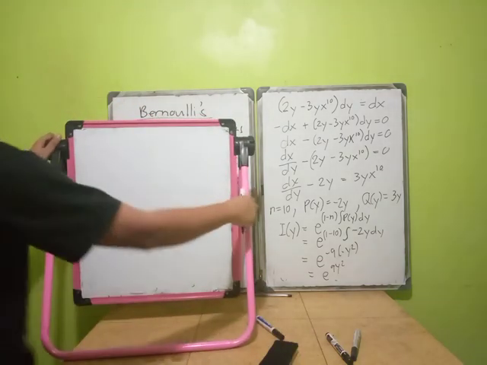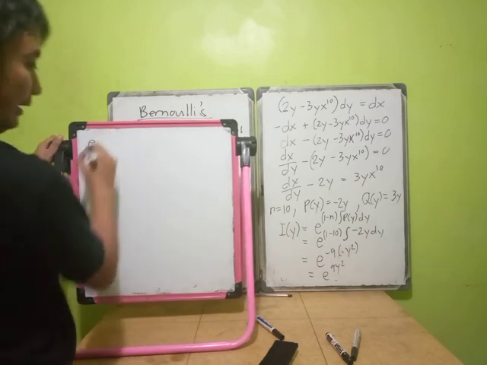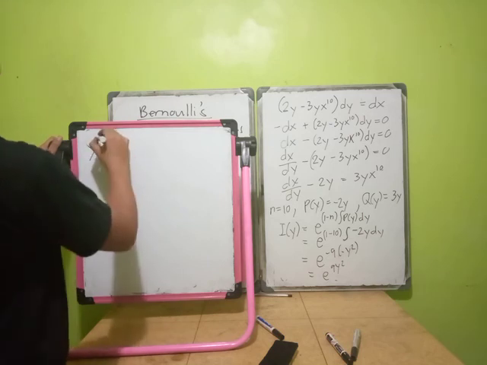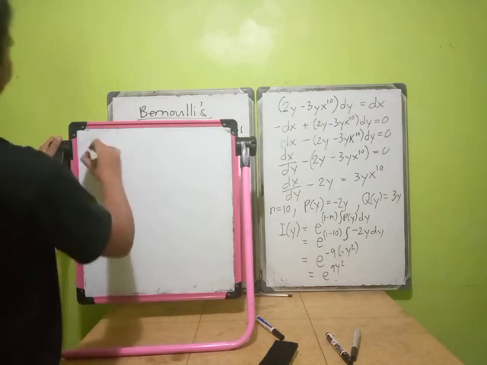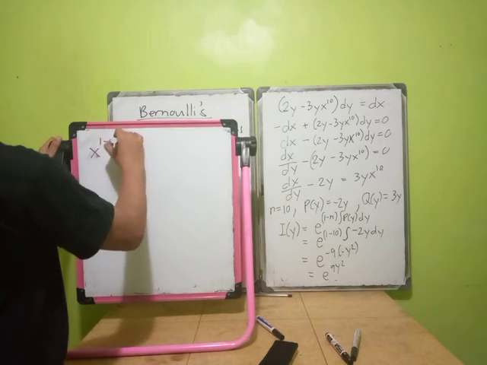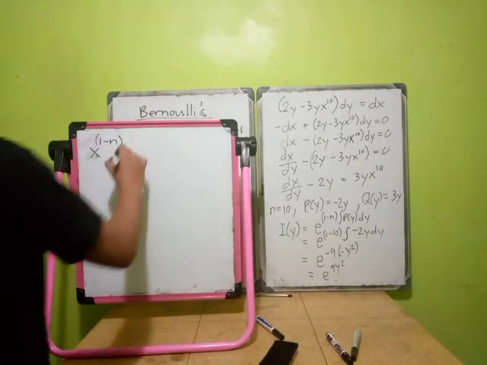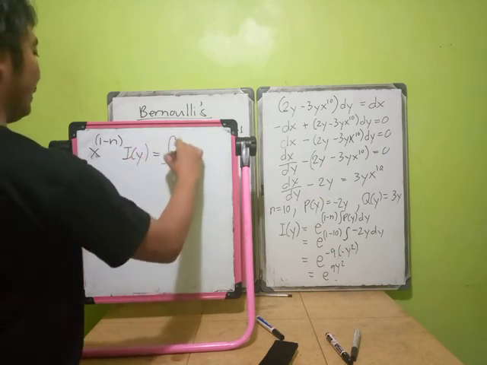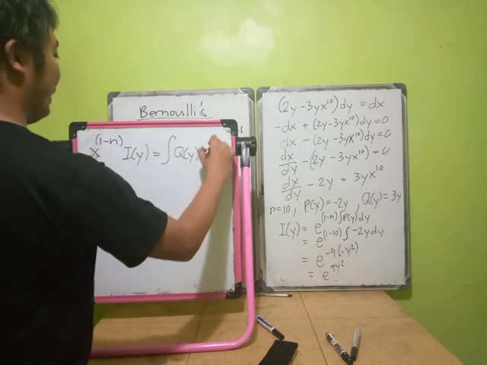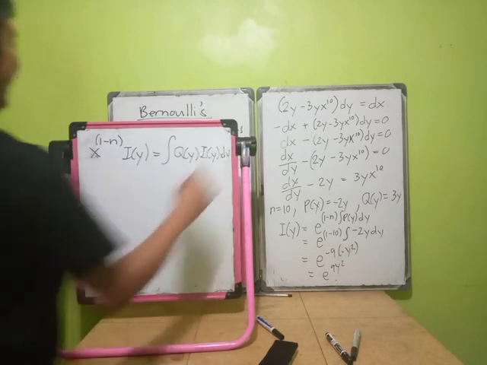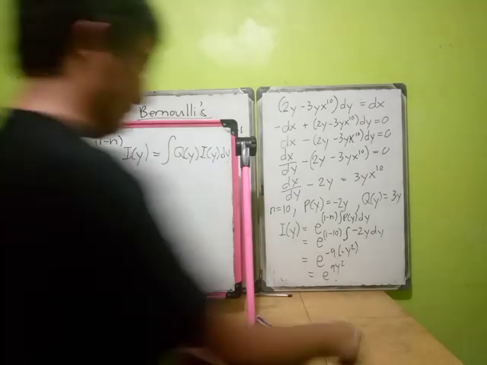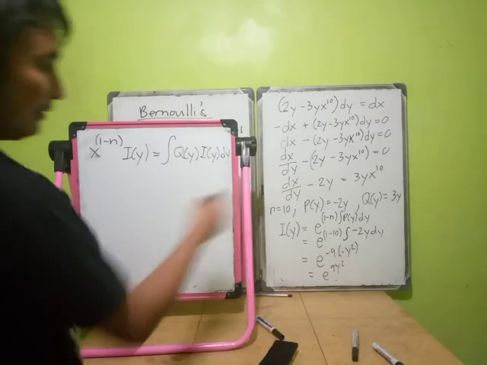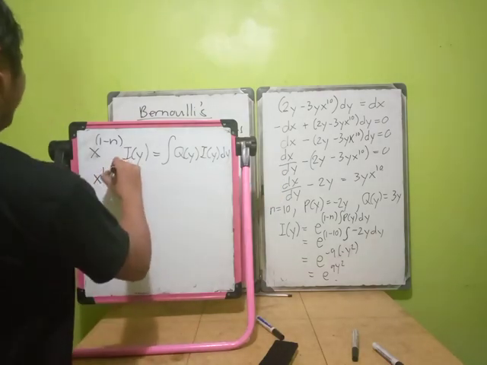So, from here, so yung main solution dito is x pala kasi x to the power of 1 minus n in iy is equal to integral of qy I of y dy. Yan. Yan yung solution para dito. Okay, so yung n natin is 10, so 1 minus 10.